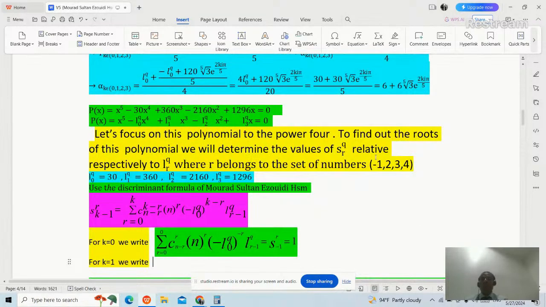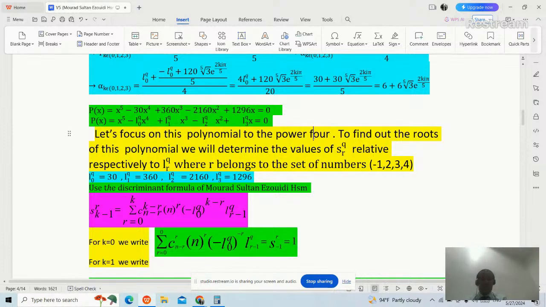So you see, this is our original polynomial, but we multiply our original polynomial by x: x^5 minus 30x^4 plus 360x^3 minus 2160x^2 plus 1296x. If you simplify this polynomial by x, you will get your original polynomial to the power 4, meaning this polynomial is power 5.